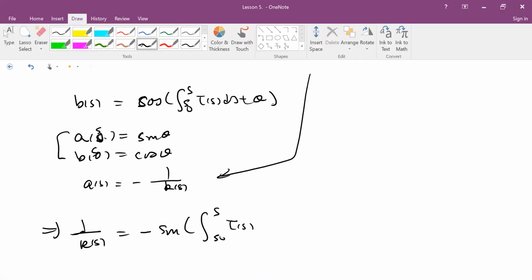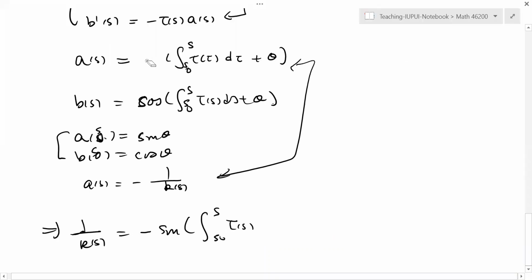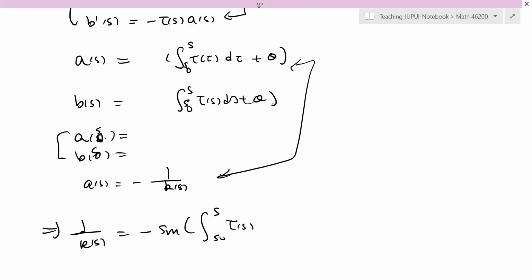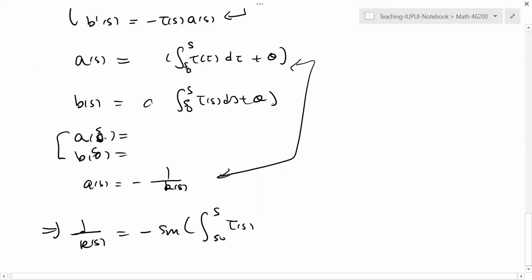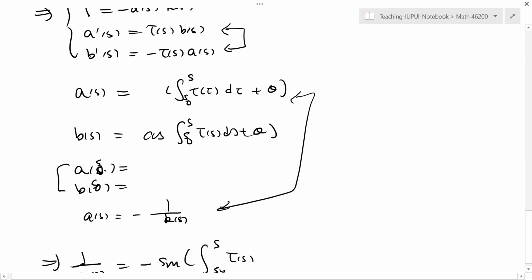Let me modify it. I want to change it to sine cosine, a cosine sine. So if this is a cosine, then this must be a negative sign.